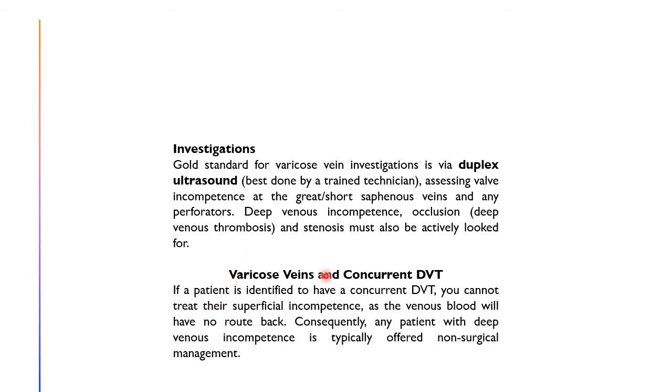Varicose veins and concurrent DVT. In a patient identified to have concurrent DVT, you cannot treat their superficial incompetence, as the venous blood will have no route back to the heart. Consequently, any patient with deep venous incompetence is typically offered non-surgical management.